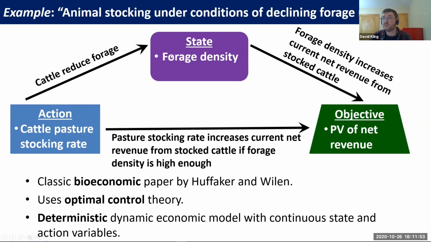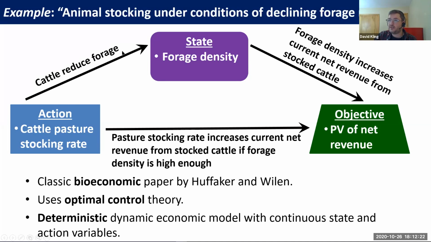And the state variable in this model is forage density. So cattle reduce forage, and both the state and actions feed into the objective. Forage density increases the net revenue from cattle. If you have forage doing the work that feeding operations might do, that essentially reduces your costs and makes your production more valuable.